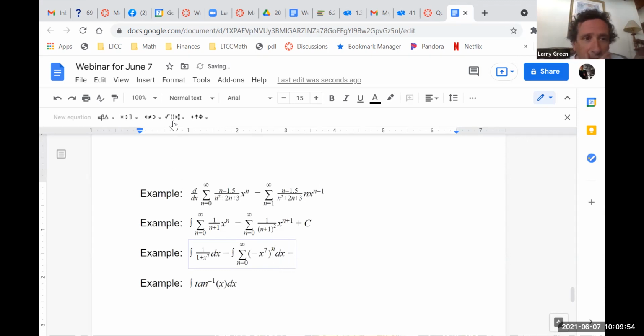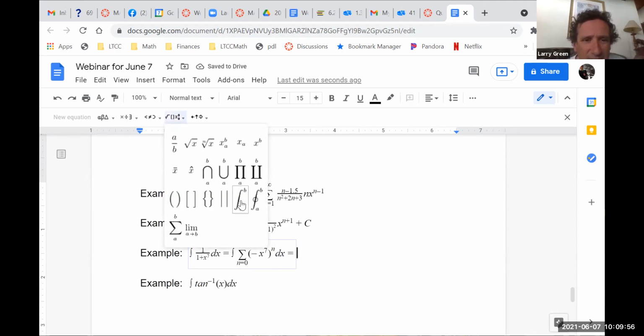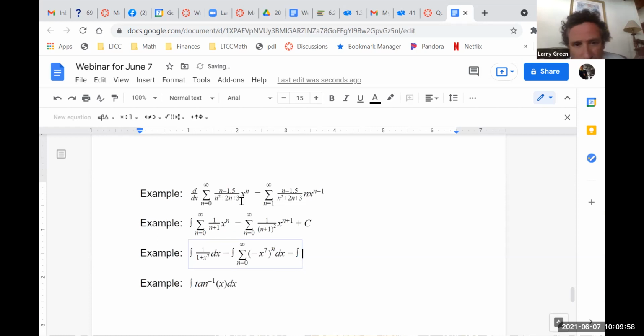That's equal to the integral of the summation n equals 0 to infinity. And I can rewrite this as negative 1 to the n times x to the 7n, just using the rule of exponents, dx.